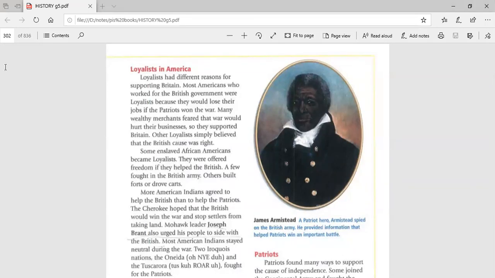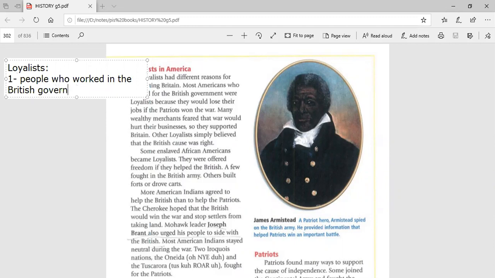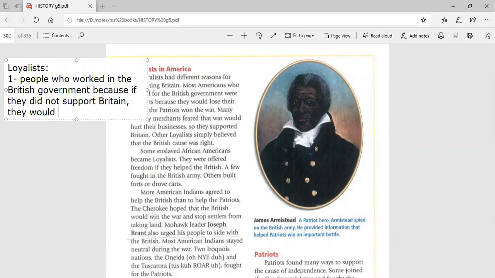So when I speak about the Loyalists, I'm going to summarize all of this page in only these points. Please record that. The Loyalists were, number one, the people who worked in the British government, because if they didn't support Britain, they would lose their jobs in the government.